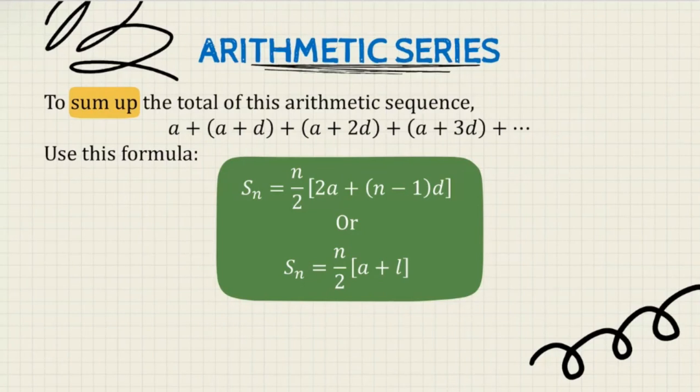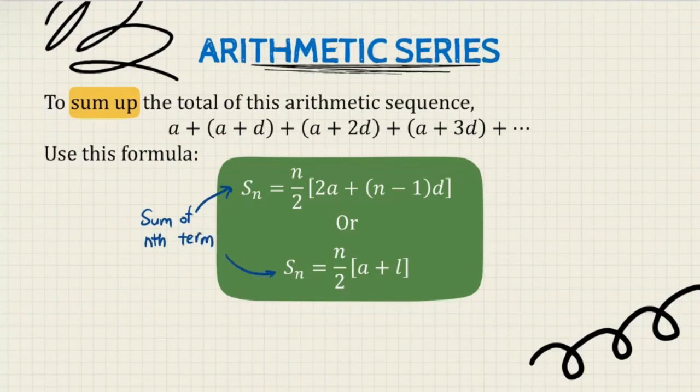Okay, so untuk summation ini kita ada dua formula. So formula yang pertama bila kita tahu dia punya first term dan juga common difference. So first term and the common difference, and kita boleh cari N dia berapa. So kita akan gunakan this formula. So ini merujuk kepada sum of nth term, Sn.